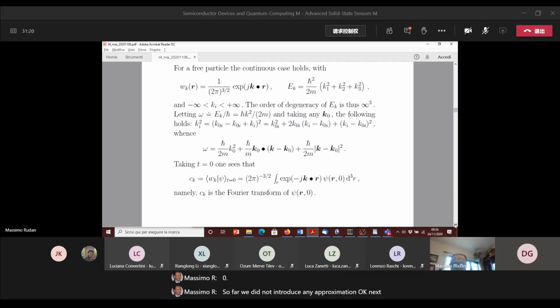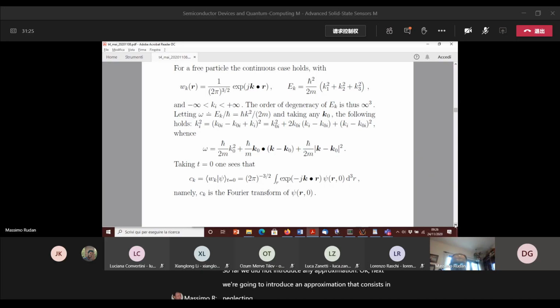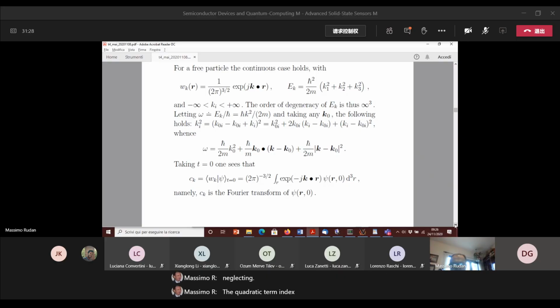Next, we are going to introduce an approximation that consists in neglecting the quadratic term in the expression of omega. So we say, if we have good reasons to assume that the only values of k that are important are those in the vicinity of k0, then the difference k minus k0 will be small, and by this reason the difference of k minus k0 squared is even smaller.